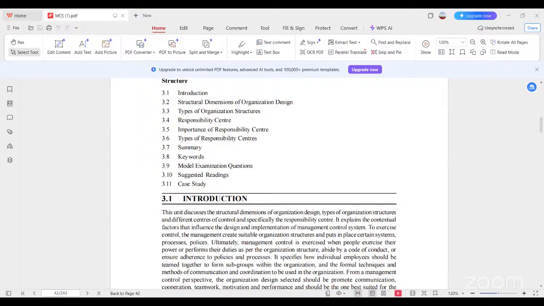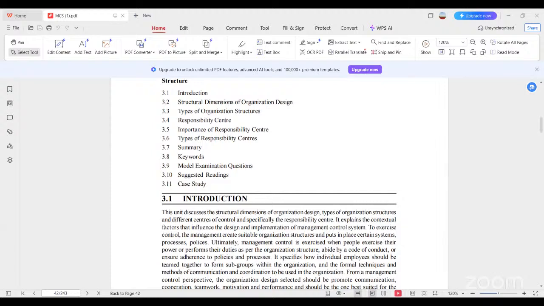Okay, when we are speaking about the control perspective, a good organization should also encourage teamwork. It should also promote cooperation. It should also motivate the employees as well as improve performance among the employees by introducing various training and development programs, on-the-job training or off-the-job training, allowing the employees career progression.